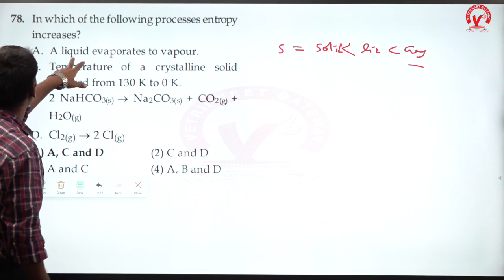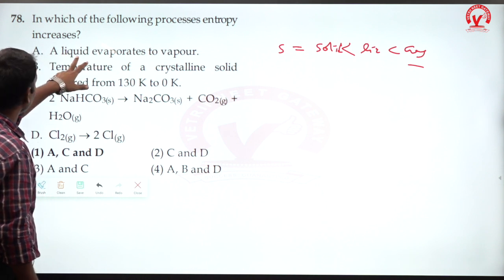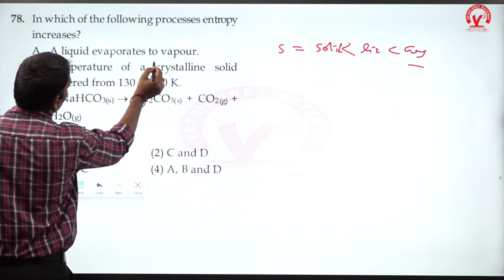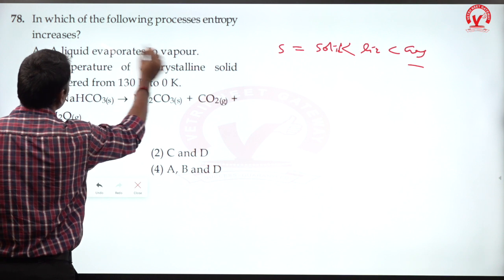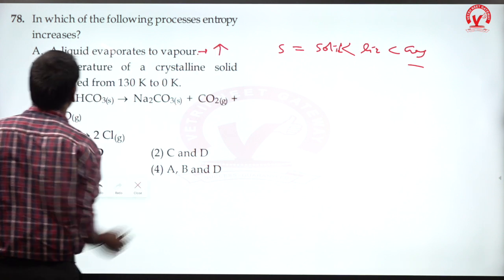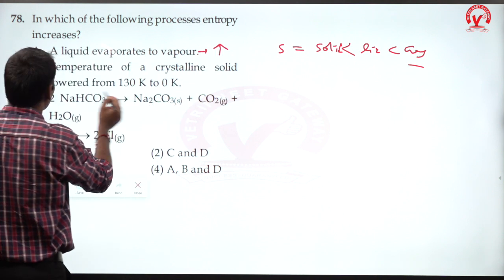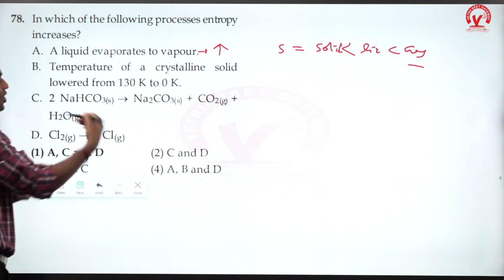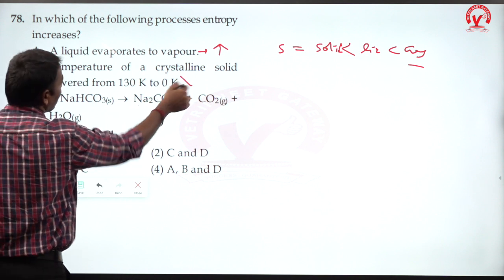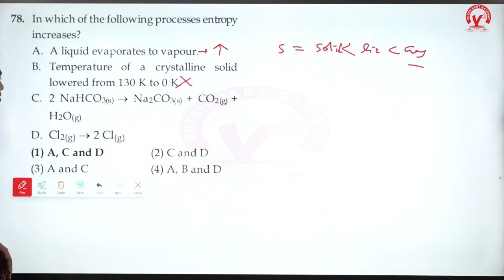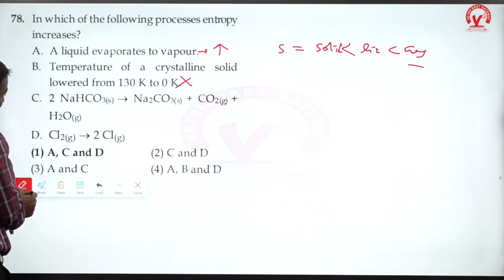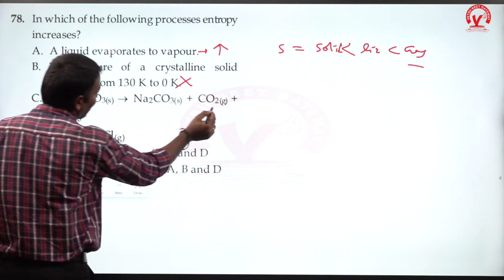So here, which is the correct answer they are asking. A liquid evaporates, liquid changes to vapor, entropy increases. Yes, correct. The temperature of a crystalline solid is lowered from 130 to 0 Kelvin, that is, it freezes, so entropy decreases. Then NaHCO3, sodium hydrogen carbonate, solid changes to gases.